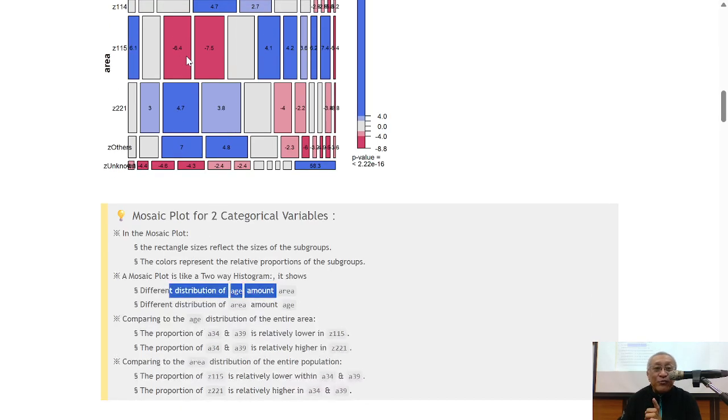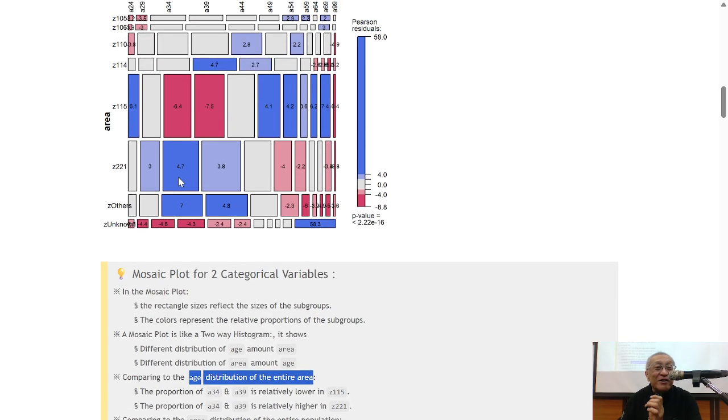So when they are red here, it means that in Z115, the proportion of A34 and A39 is relatively low, lower than the age distribution of the entire population.